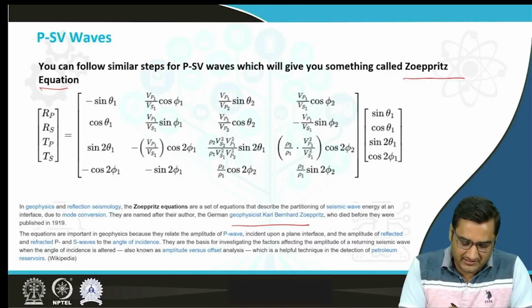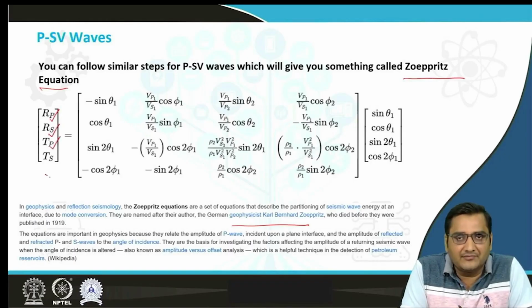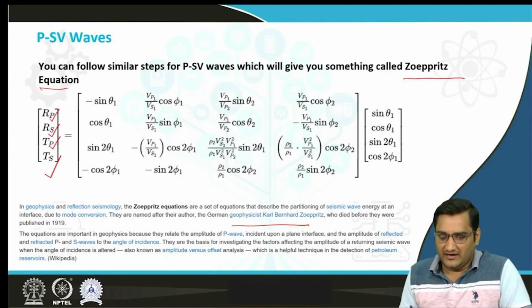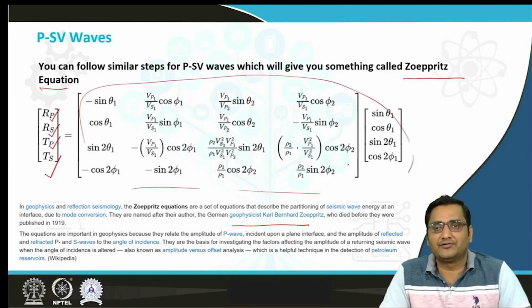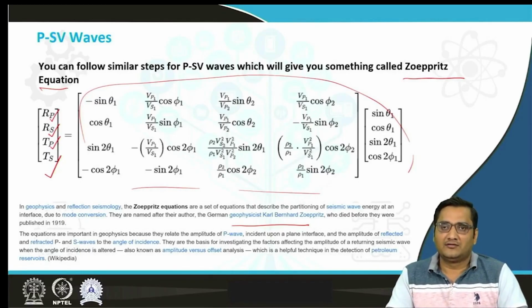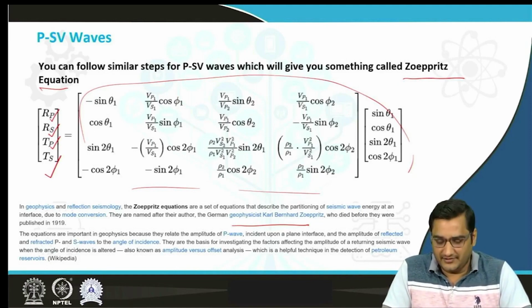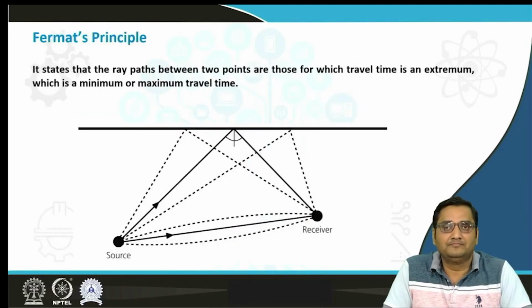So you can see this is the reflection coefficient for the P wave, reflection coefficient for the S wave, transmission coefficient of the P wave, and the transmission coefficient for the S wave. And when you solve this set of equations, you will get the reflection coefficient for the mode converted waves. So it is a very important equation that we just saw in this matrix form.